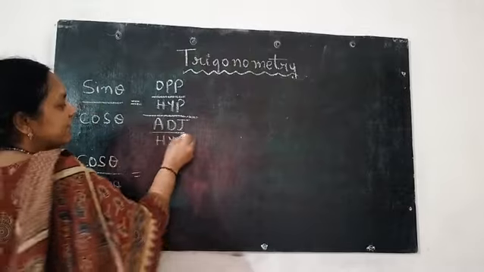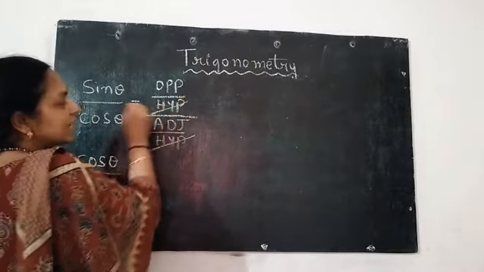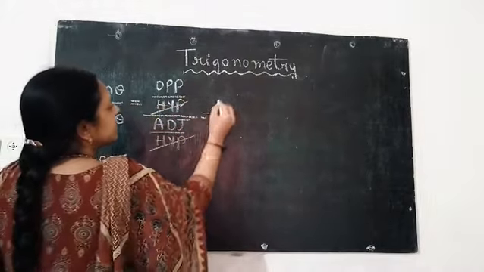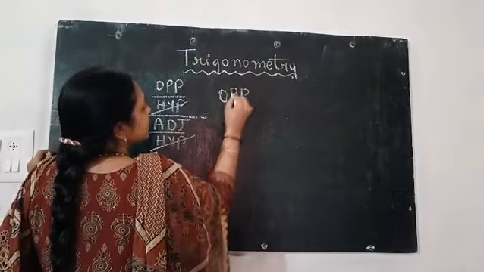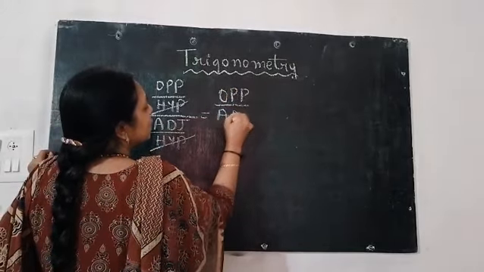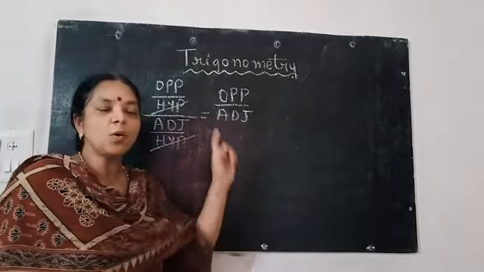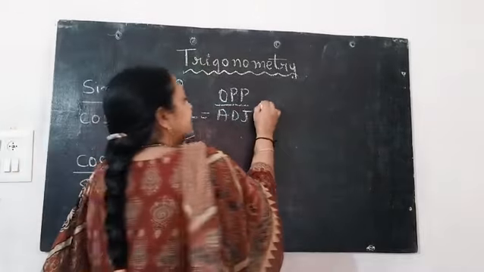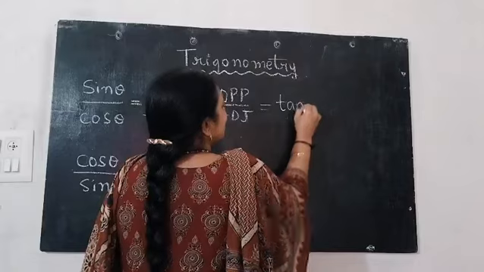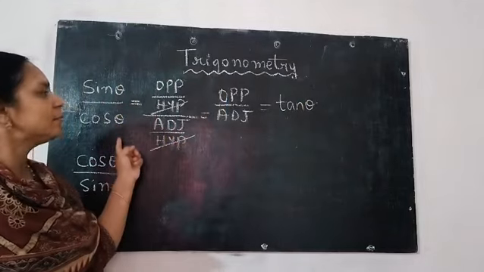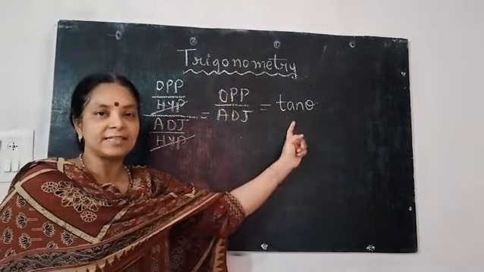When we take the reciprocal and multiply, hypotenuse and hypotenuse get cancelled and the answer is opposite by adjacent. I think you already remember opposite by adjacent is tan theta. So we can write sin theta by cos theta as tan theta.